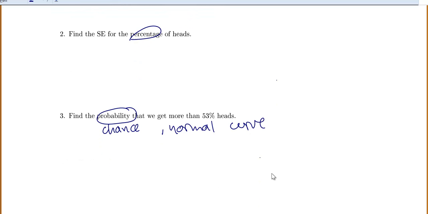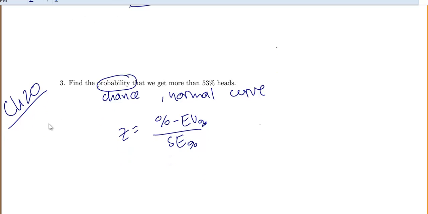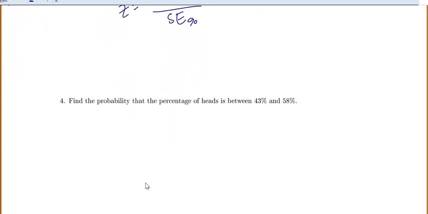And you're going to need to use that Z formula of percentage minus expected value percent over standard error percent. So as soon as I see that, I realize, oh, this is dealing with chapter 20. Also, it doesn't ask me to find the confidence interval, which is the kind of giveaway that it's not chapter 21.